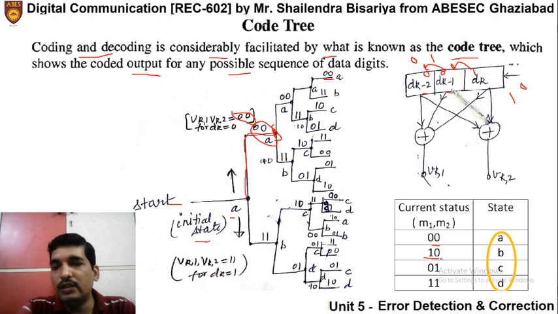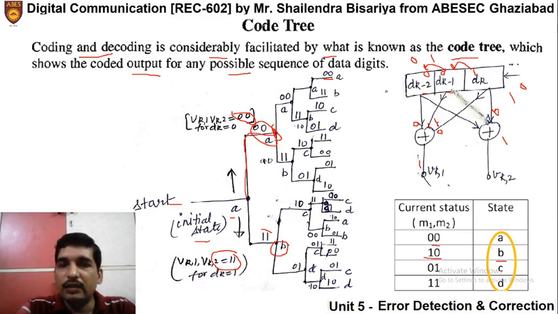So 1 0 means state B. And for 1 0, if we calculate, a 1 is here at dk1 minus 1, and 0 here, so the outputs will be 1 1. vk1 vk2 will be 1 1 and the state will be B. This is the way we represent it in the code tree.